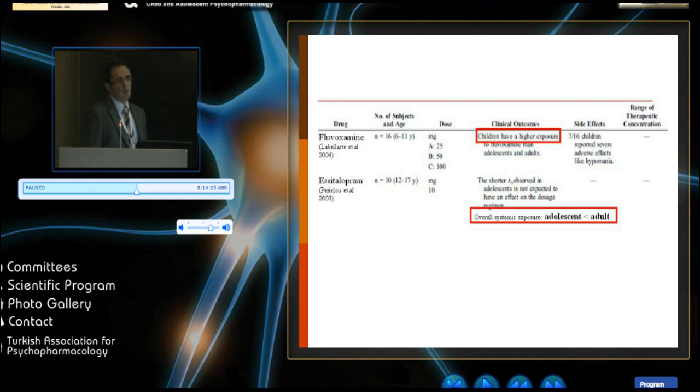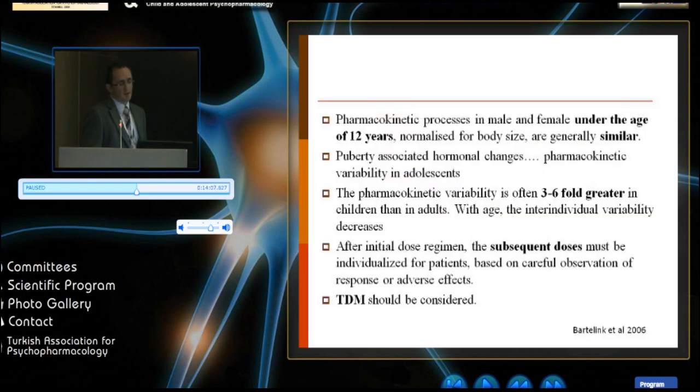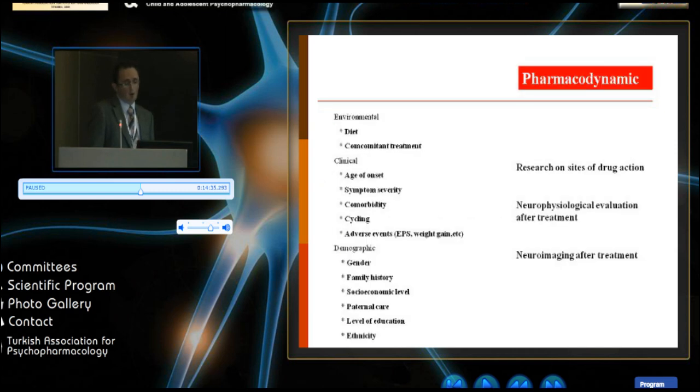The same dosage gives lower results in adolescents, and when we look at pharmacokinetics, we see that until the age of 12 there is no problem, everything is similar, but then together with puberty, associated hormonal changes take place, and the pharmacokinetic variability is often 3-6-fold greater in children than in adults. After the initial dose regimen, the subsequent doses must be individualized for patients. Therefore, TDM should be considered.